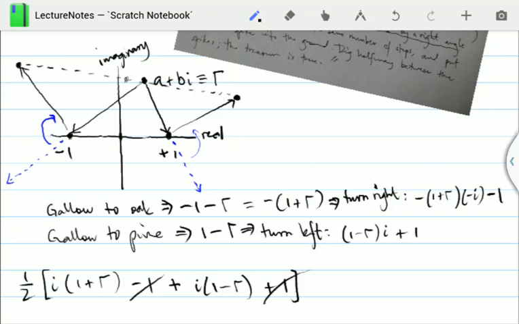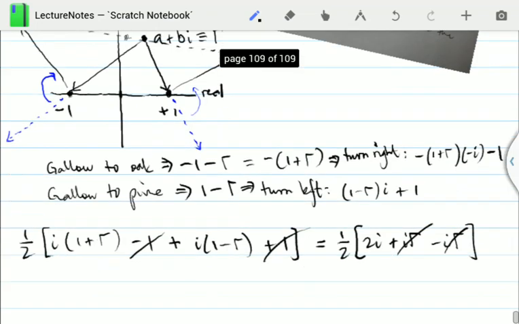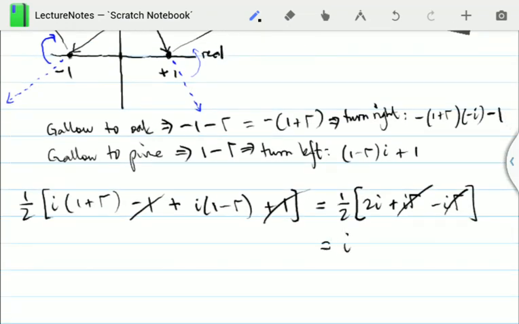So this minus 1 and plus 1 will cancel. This will give you 1 half of 2i, okay, and then minus i gamma and minus i gamma. The fascinating thing is that the gammas will cancel, and this turns out to be i.